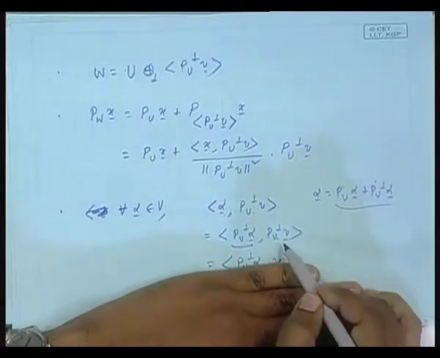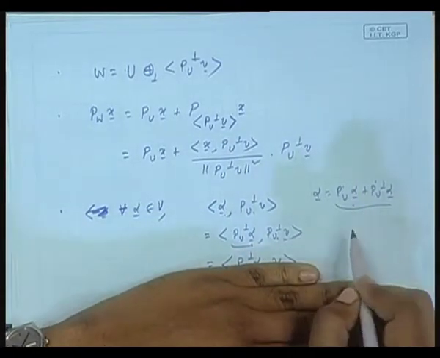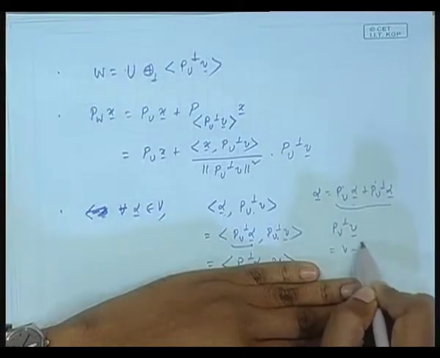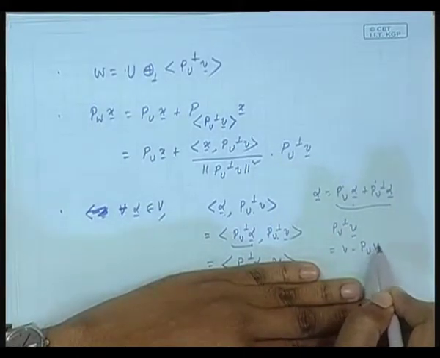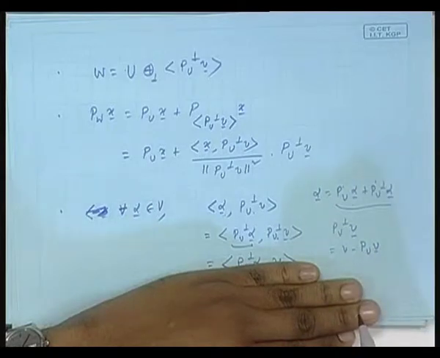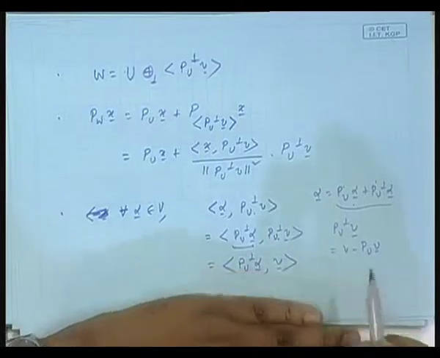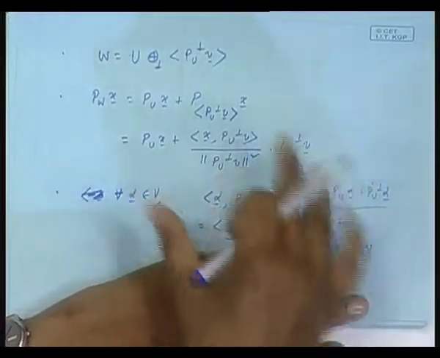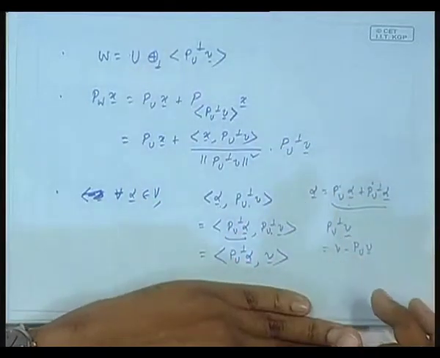And then again here, P_u perpendicular V, on the other hand, you can write as V minus P_u V, isn't it? Actually, from this only, you can say, extending the result, interchanging the relation between u and alpha, that is some symmetry, you can say.